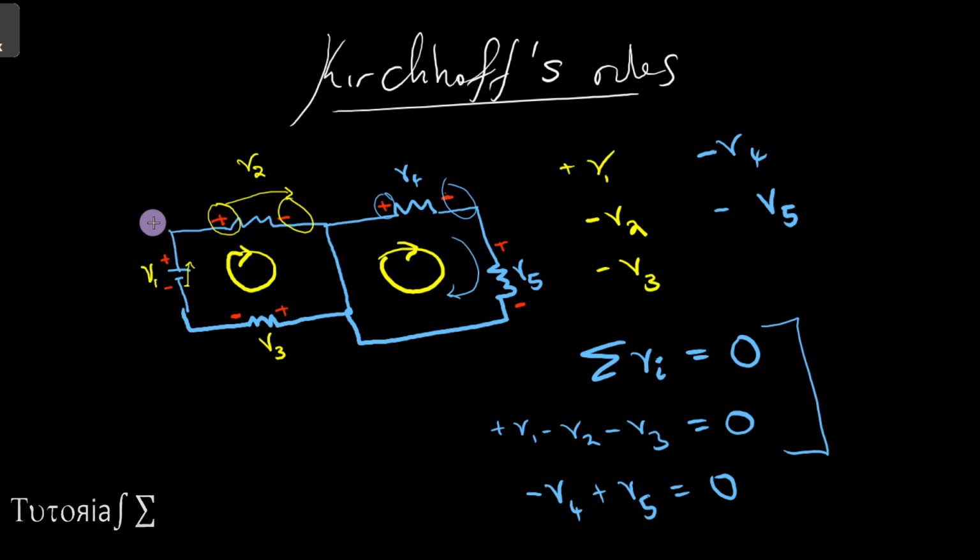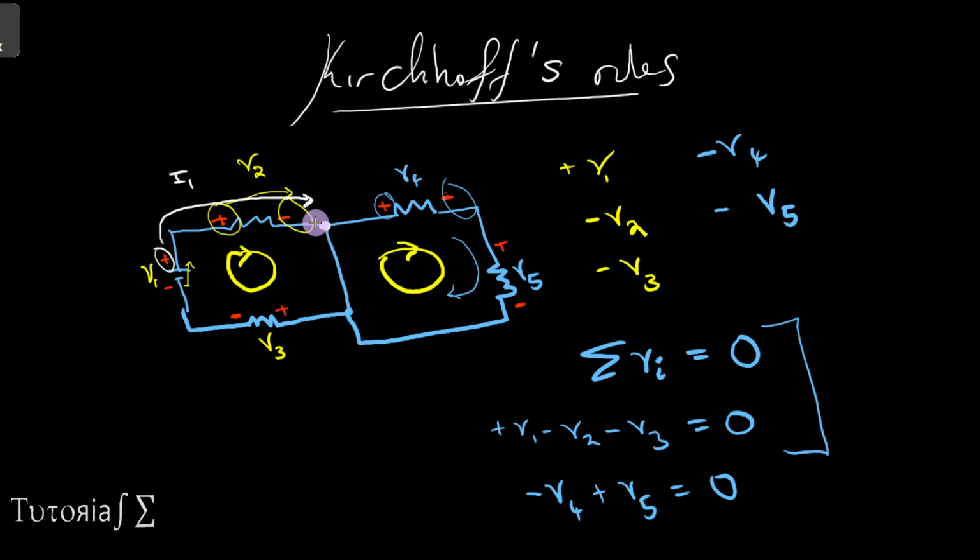Current always moves from the positive side of the battery. So current will always move in that direction. Now, if this is current 1, and it reaches a particular junction, a junction is a point where 3 points are meeting. So we have 1, 2, 3.